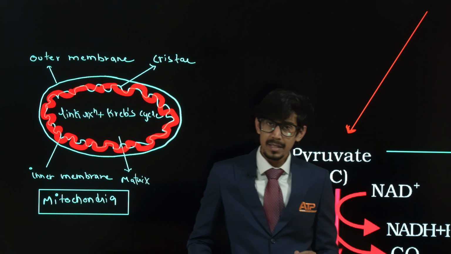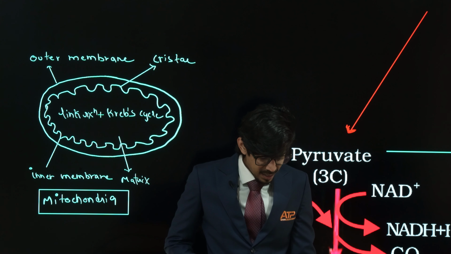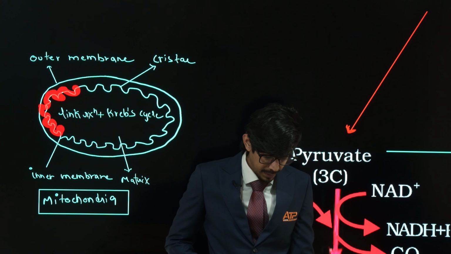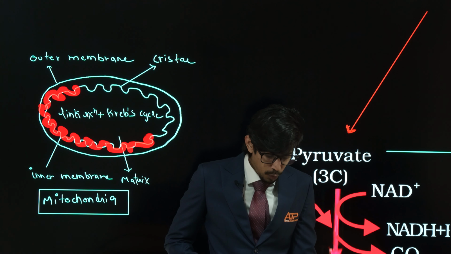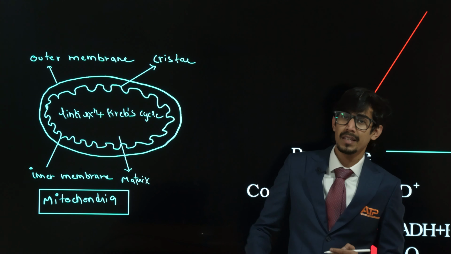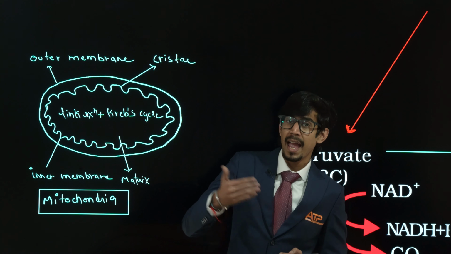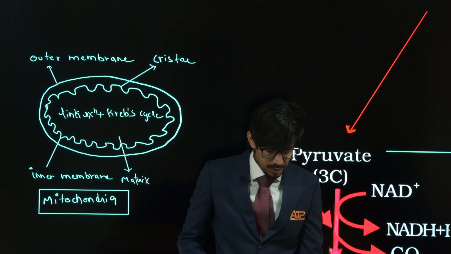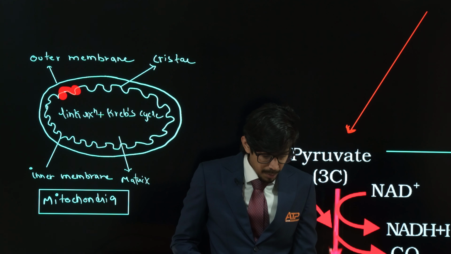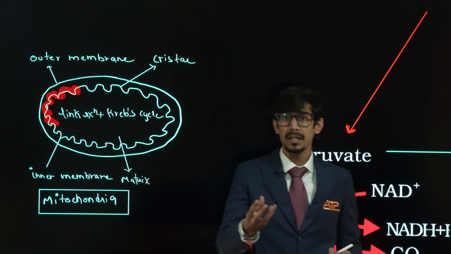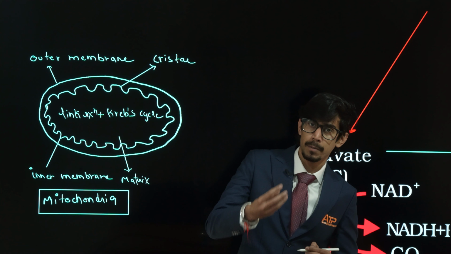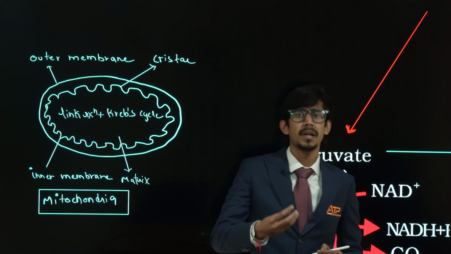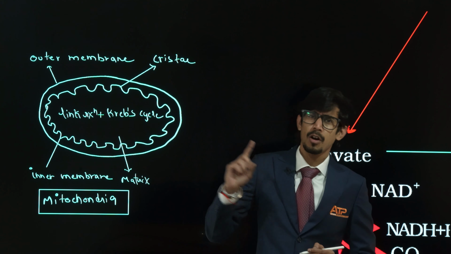You will see that the inner membrane has a lot of infoldings like this. These infoldings basically increase the surface area, which will be helpful in ETS, because the electron transport system will take place in the inner membrane of mitochondria. More the surface area, more the enzymes present, more the complexes present, and more number of ATP can be produced. But we will talk about that in ETS.